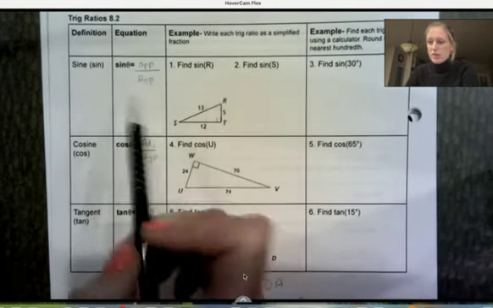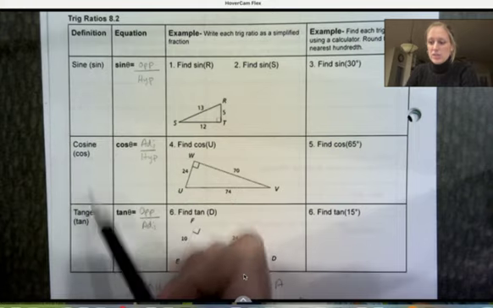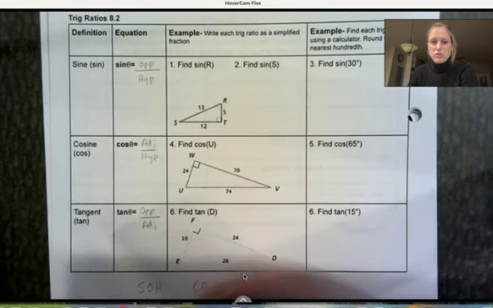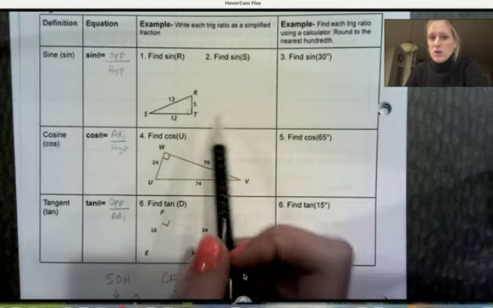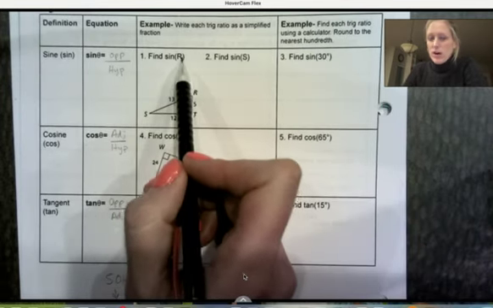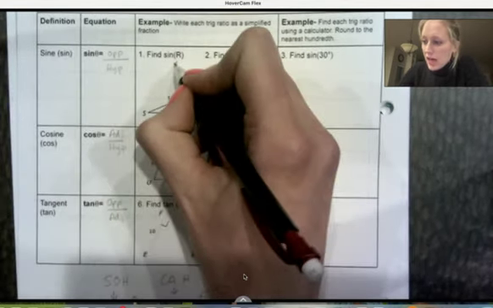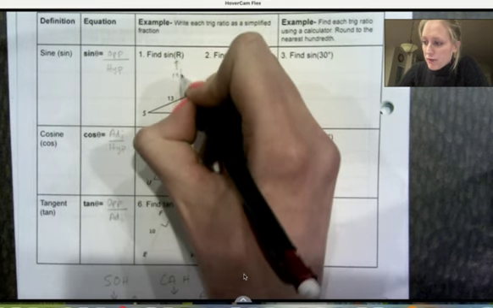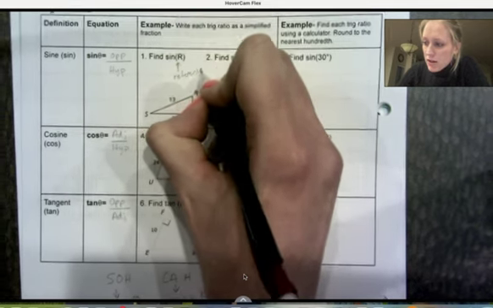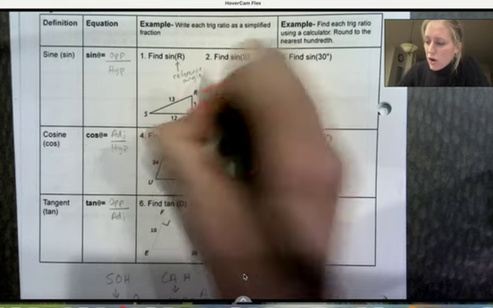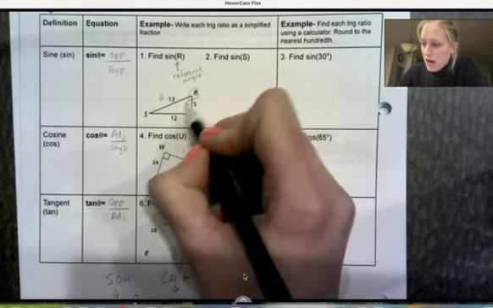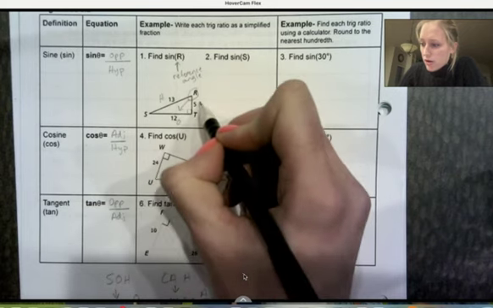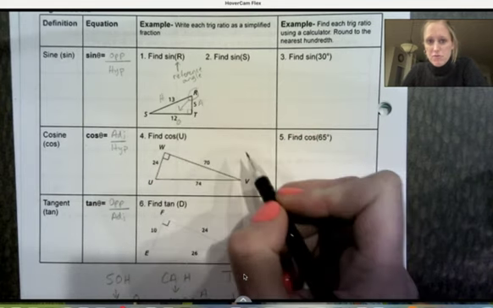On your calculator, the sine, cosine, and tangent are abbreviated, so those are the acronyms you're going to see on your calculator. Okay, so sine of R. This is the angle, and it's the reference angle. If I want R, then here's the hypotenuse, opposite is going to be 12, and adjacent is going to be 5.